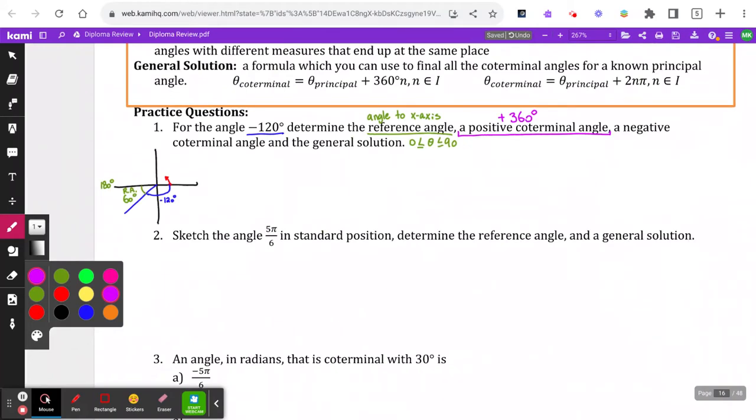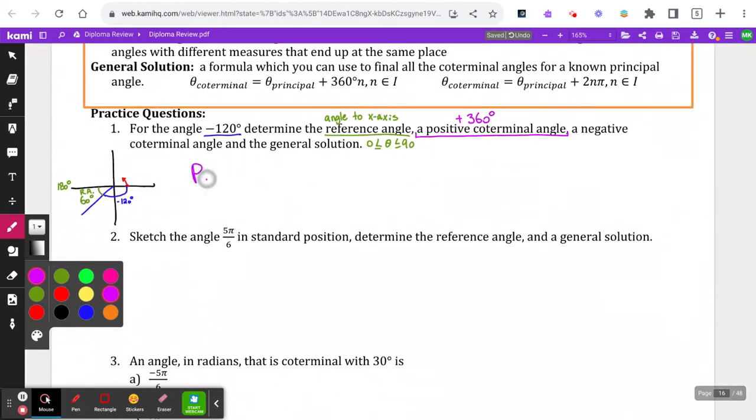So a positive coterminal angle would be negative 120 plus 360 for a total of 240 degrees. That gets me to the same arm, which is going the other way.